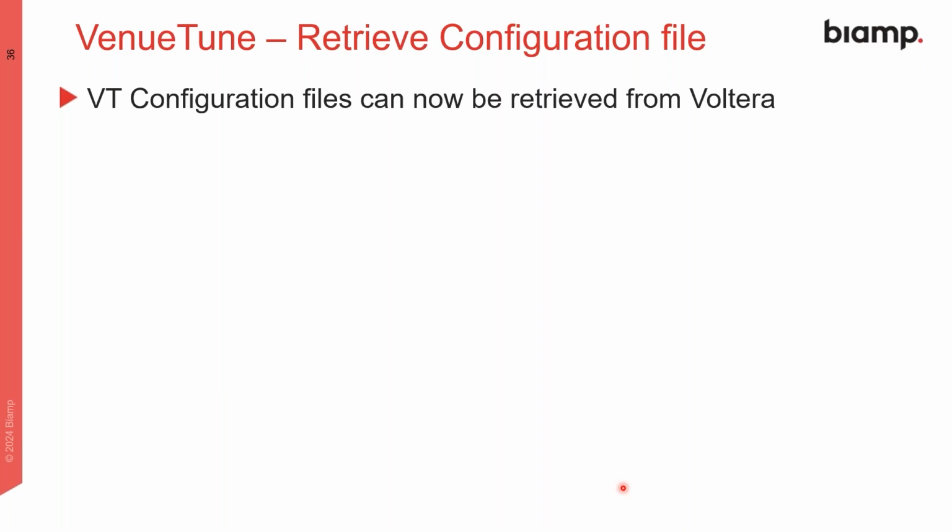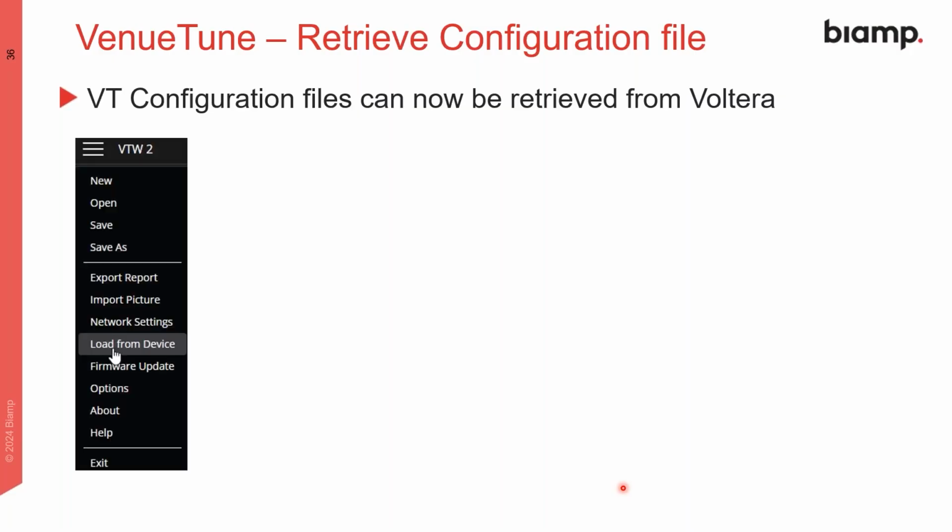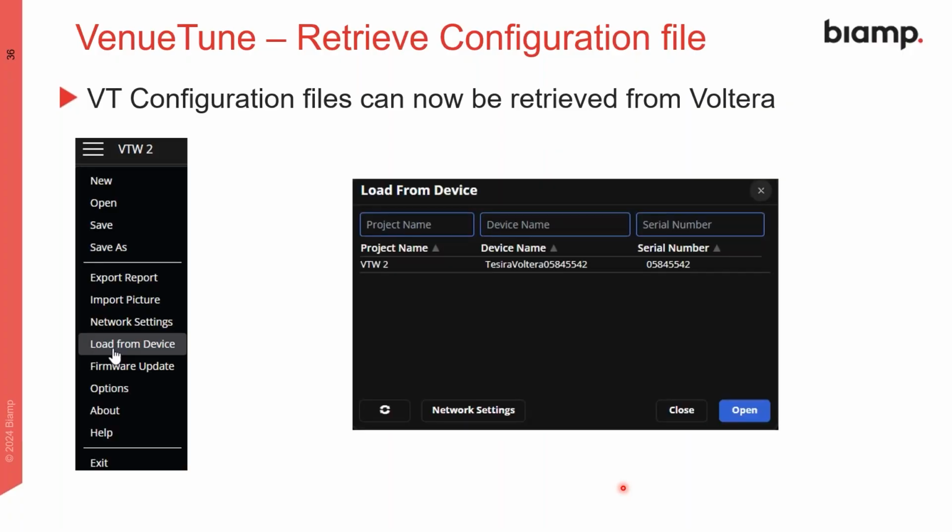One of the early requests we had was the ability to retrieve a configuration file from a device. So we go to our menu in the upper left, plug into the appropriate port, P1 or P2, and click load from device. Then it's asking which device.